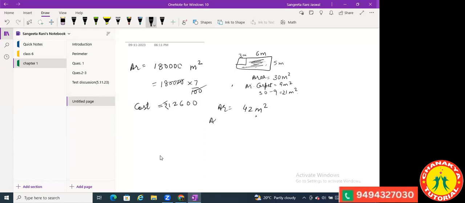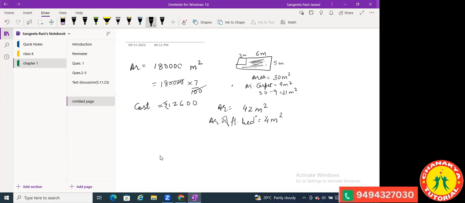So the area of the square flower bed, one side is 2 meters, so that will be 2 into 2. Everything is in meter. Area is 4 meter square.